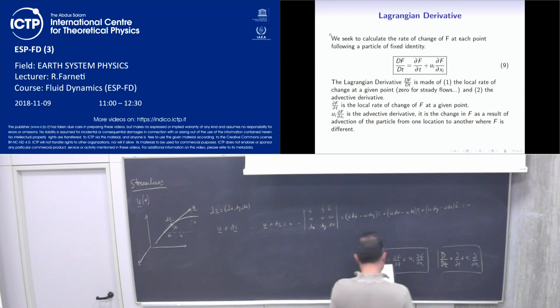And this has to be 0, and it has to be 0 for each component, because you can reduce the problem to two-dimensional or one-dimensional.